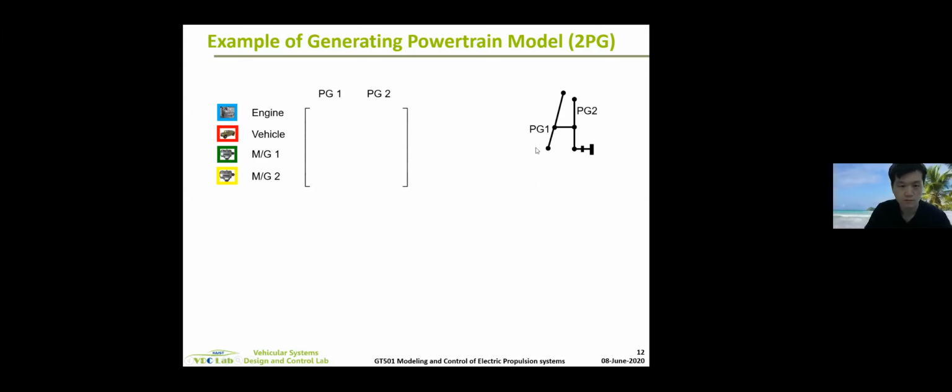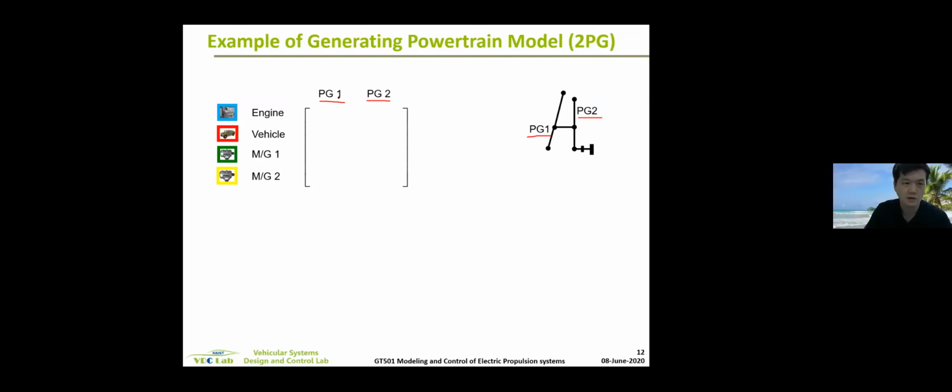We have PG1, we have PG2. So you form a 4 by 2 PGs matrix.